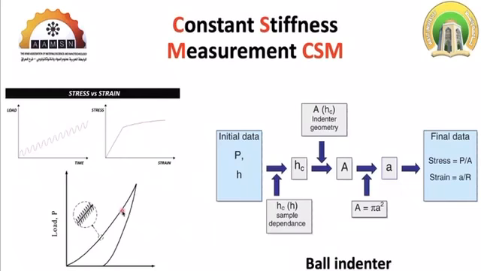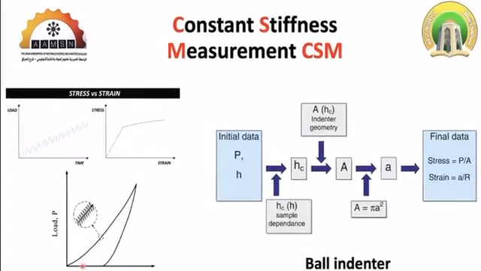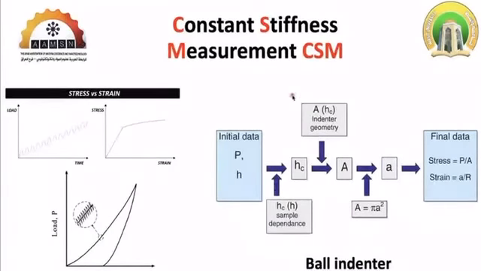load function. The purpose of this is that in every single sinusoidal cycle, we do have an unloading segment, and from the unloading segment we can determine S, and from S we can go through all the calculations that were already mentioned in the last slide.